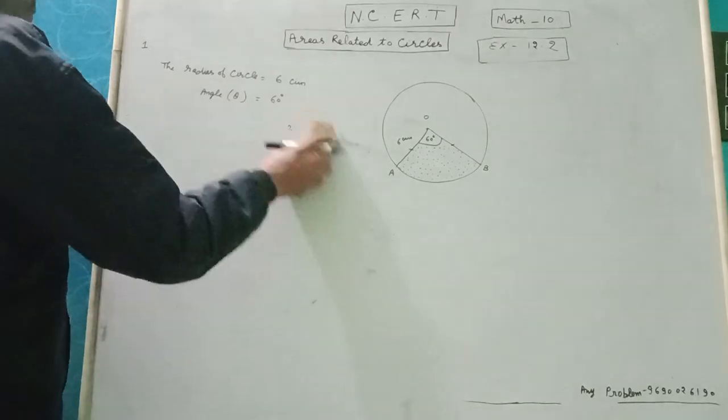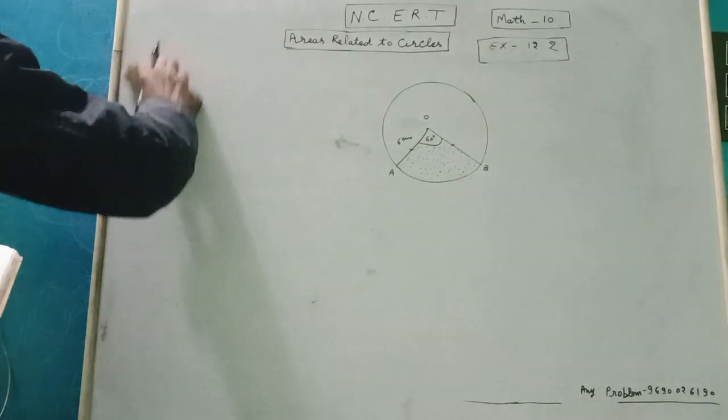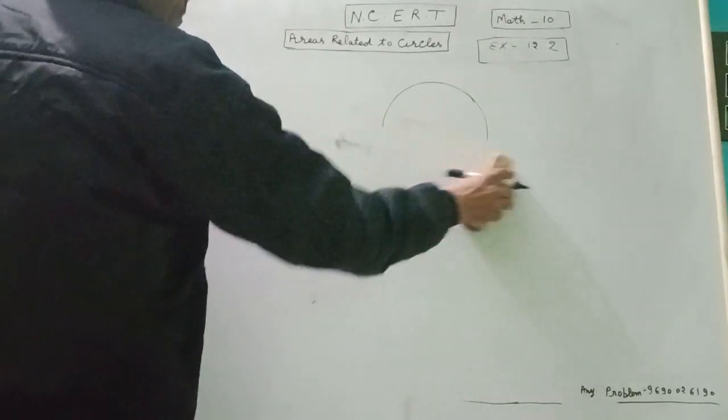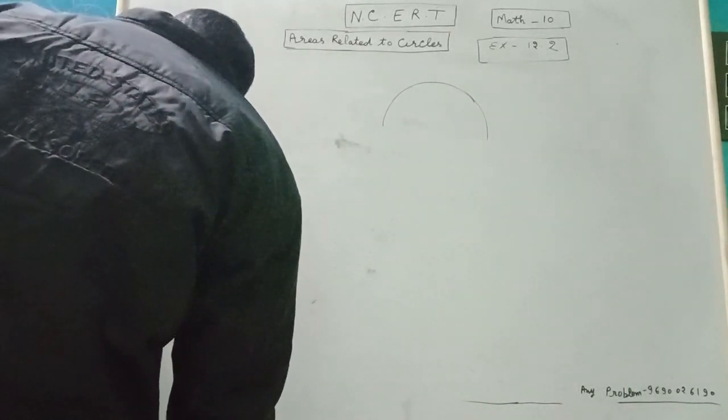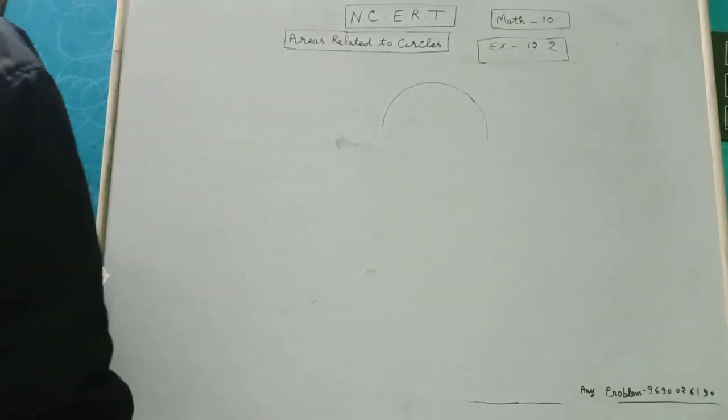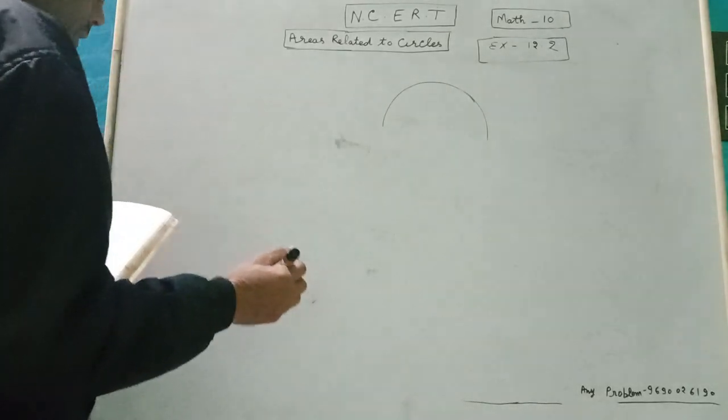Question number 2 is: find the area of a quadrant whose circumference is 22 cm.